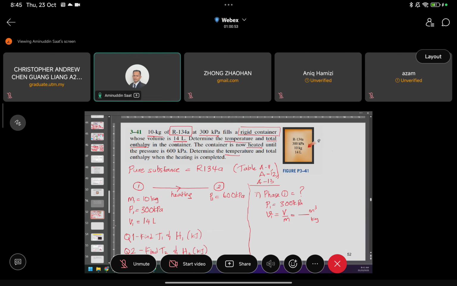So you need to convert the 14 liter to meter cube. With a calculator, 1 liter equals 1000 milliliter, and 1 milliliter equals 1 centimeter cubic.